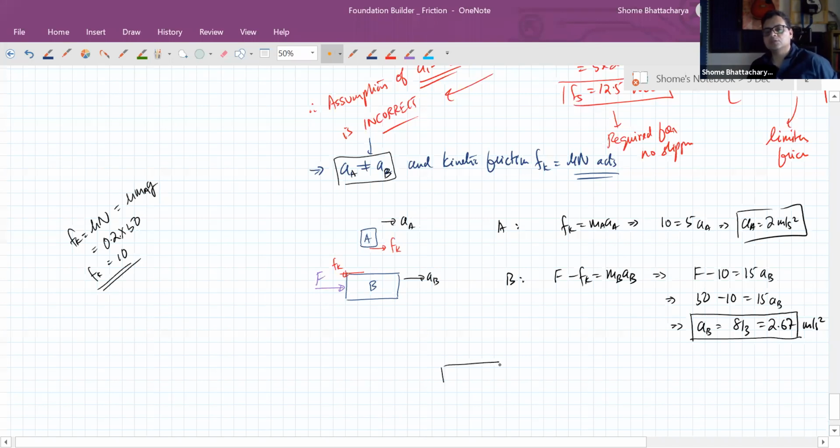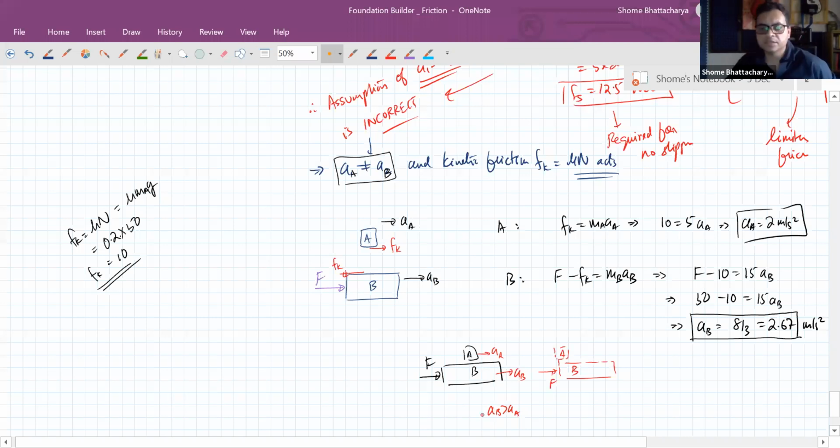So what is really going to happen is that eventually A is going to fall off because you're applying this force. Now the acceleration of B is more than the acceleration of A. So after some time, your B would be somewhere here if you're continuously applying the force, and A would be like this, and A would then slip off.